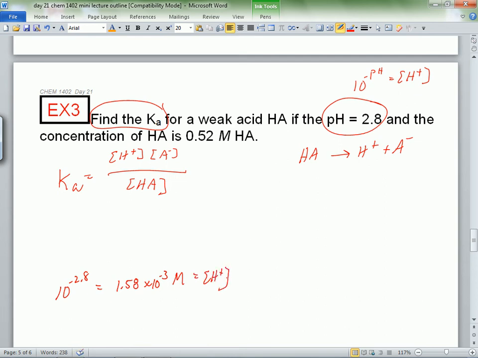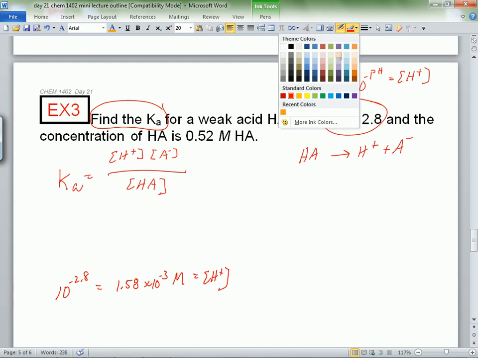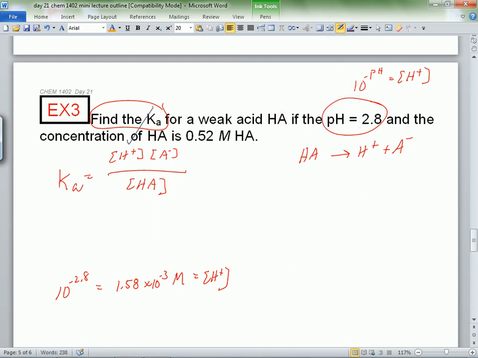But what are the rest? So we have hydrogen ion done. Great. But HA and A minus? Well, HA is 0.5. Technically, it's 0.52 minus X. And what is A minus? It's the same as the H, yeah.